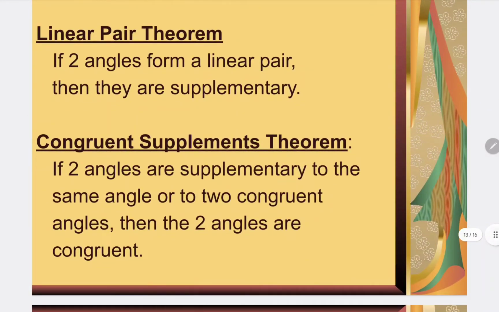Okay, some theorems that will be of help to you, and these will be provided both in the Google Classroom and printed out for you as well. If two angles form a linear pair, then they are supplementary. The congruent supplements theorem says if two angles are supplementary to the same angle or to two congruent angles, then the two original angles are congruent.